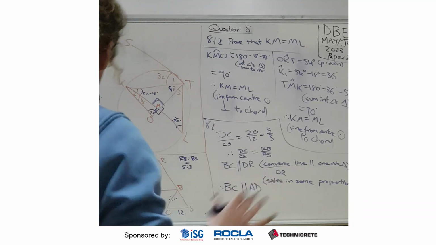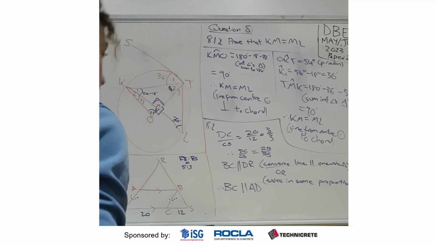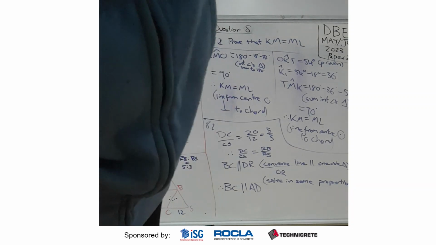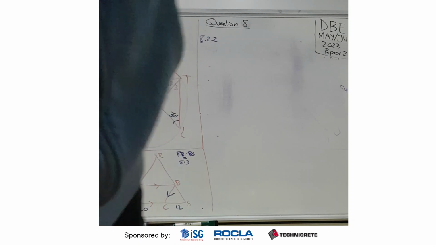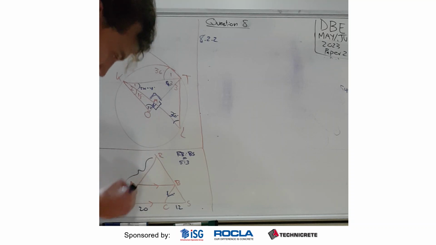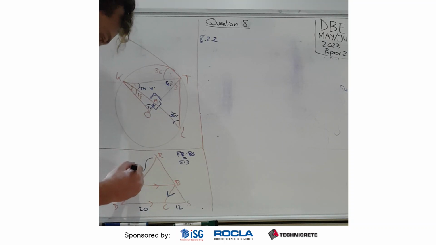Okay. So that was a fairly easy one. I'm going to have to pause, erase, and we'll look at 8.2.2. So in question 8.2.2, they first give us RD, that whole line there, is 48 units.